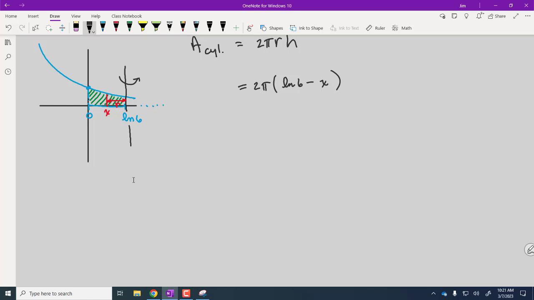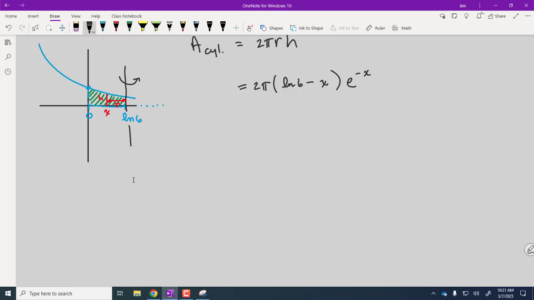And then the height is whatever that vertical distance is. And what is that vertical distance? e to the negative x. That function is e to the negative x, and that function measures the distance from the x-axis up to the curve. So that is our setup.